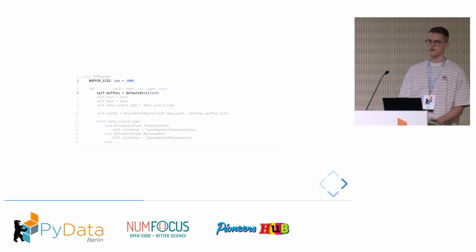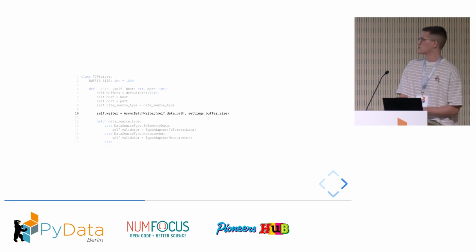The buffer size here is 1,000, but that is something you need to figure out for your system parameters, because it depends on what kind of data you have, how much memory you have on your machine, and how quickly you can actually write to your storage. And because we also want to do this, we have an async batch writer here that is just another class, but in a nutshell, it writes asynchronously to storage whenever the buffer is full.